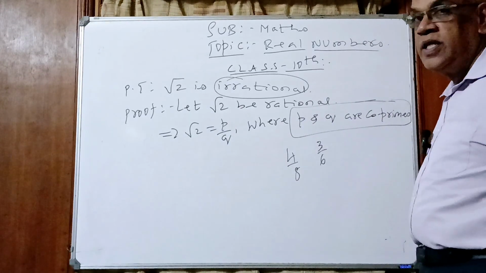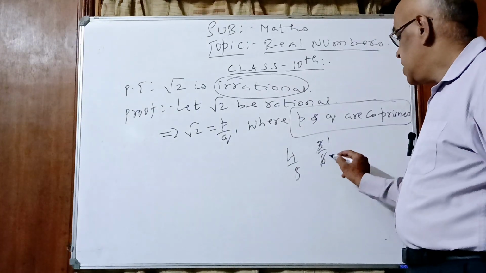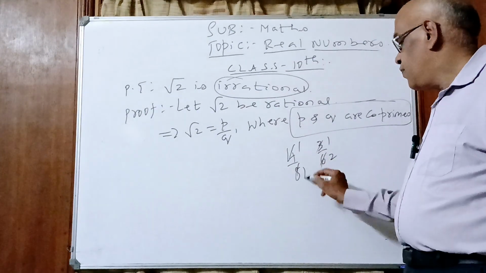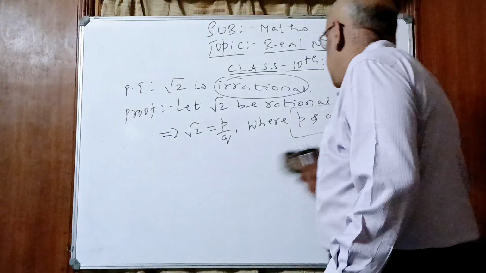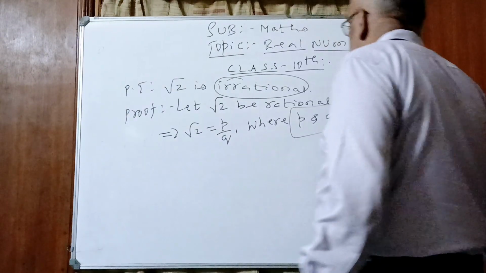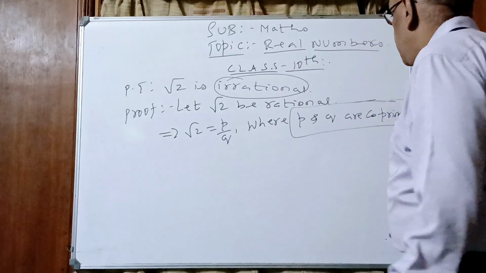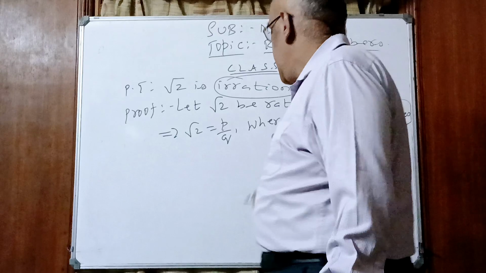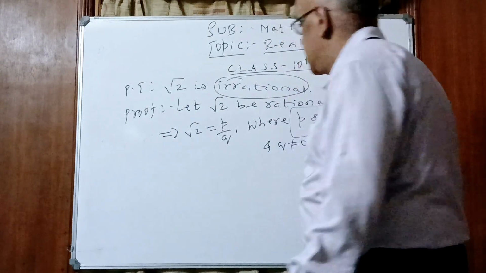Then our assumption is wrong. Means what? They have a common factor 3, they have a common factor 4. Then they get reduced to simplest form. Yes or no? Let root 2 is equal to P by Q, where P and Q are co-primes, and Q is not equal to 0, obviously.